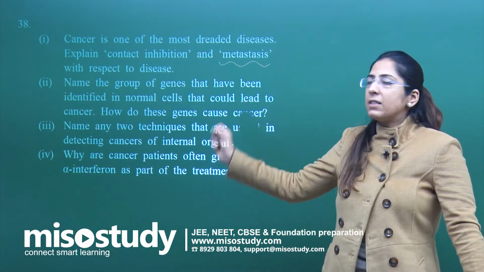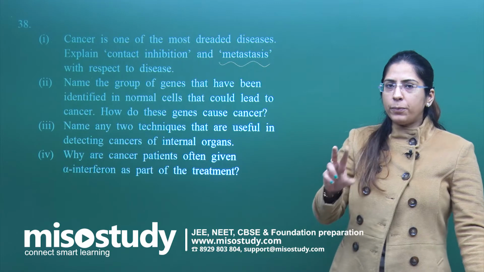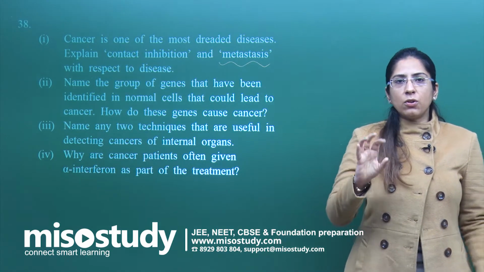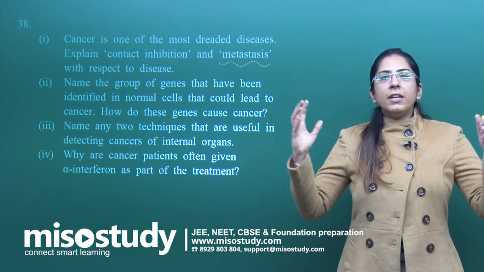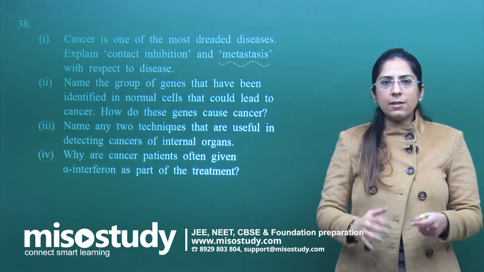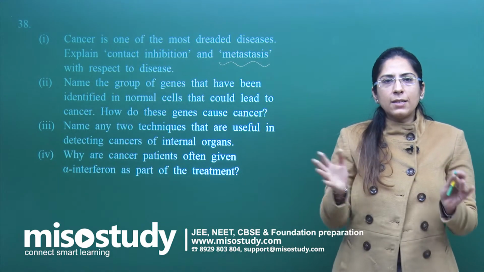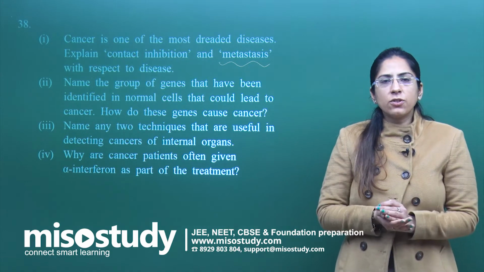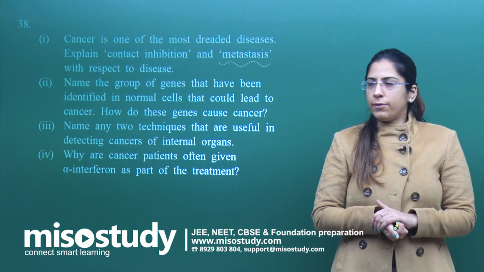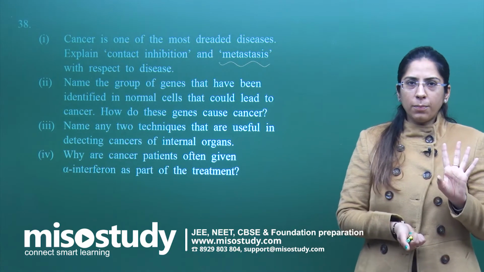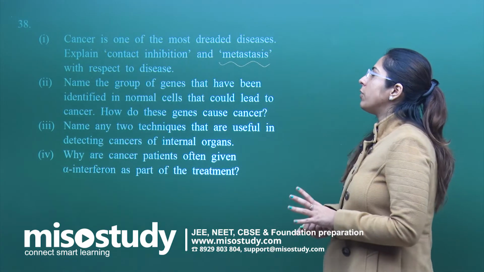That is why it is considered the fourth stage. So both properties: contact inhibition, meaning neighboring cells don't allow the cells to overgrow, and second, metastasis, meaning to migrate to various structures via blood and lymph. These are the two properties. Is it clear to you? Let's move on to the second part.